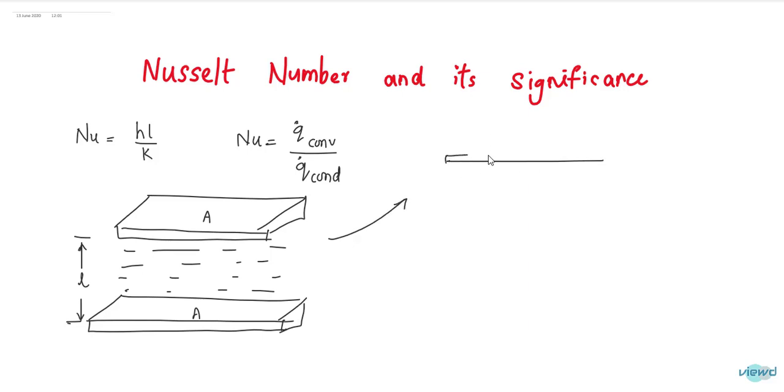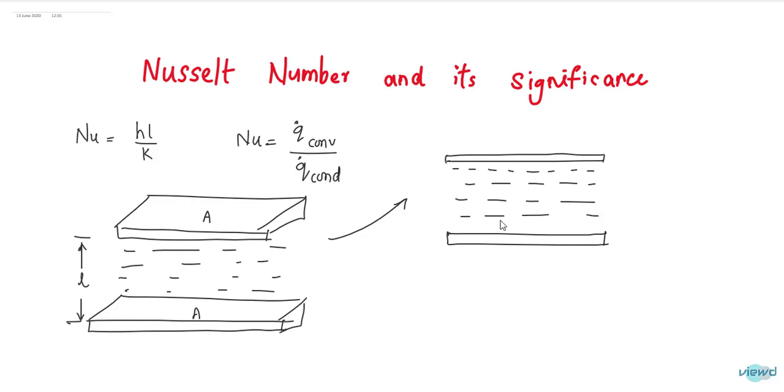So this is the top plate and this is the bottom plate. The fluid is present in between them. Now this is L and the area is A, here also A.